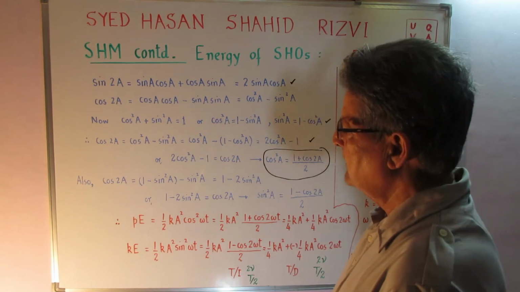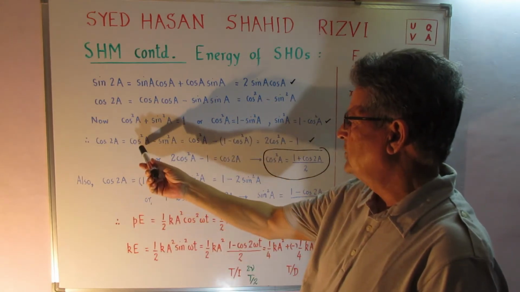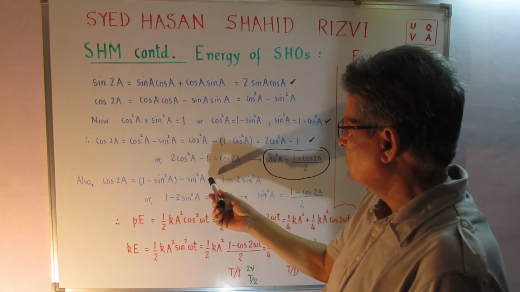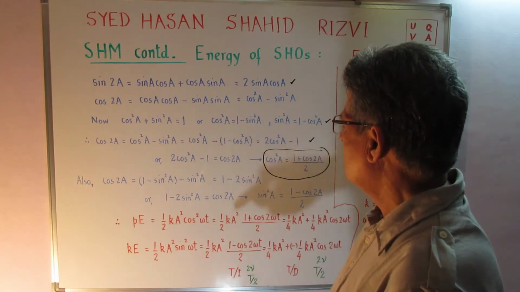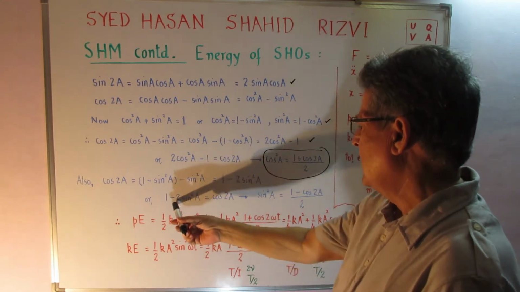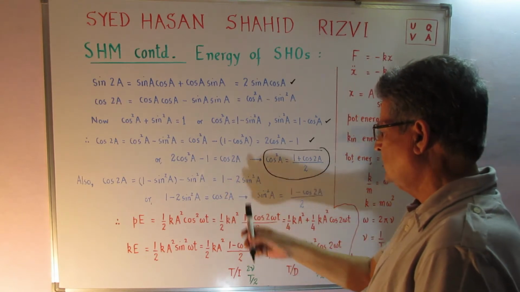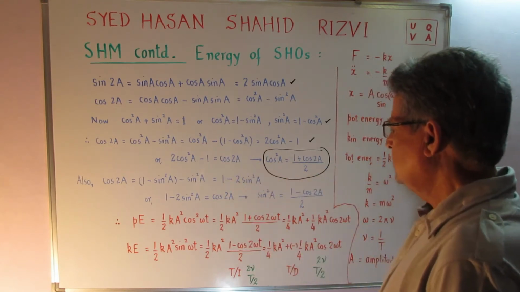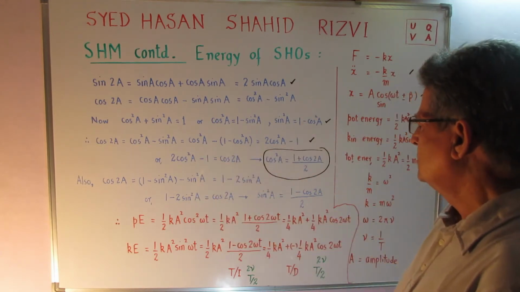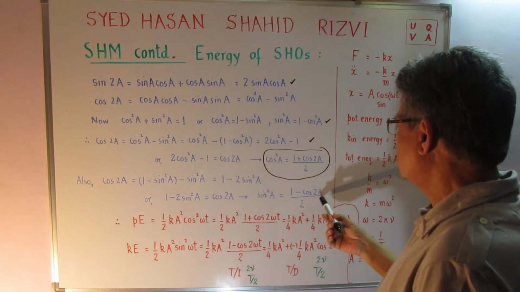On the other hand, if I write the cos 2A, which is cos square of A minus sin square of A, as 1 minus sin square A minus sin square A, then I get 1 minus 2 sin square of A. And from there, if I write 1 minus 2 sin square of A is equal to cos 2A, then we get the value of sin square of A as equal to 1 minus cos 2A divided by 2.